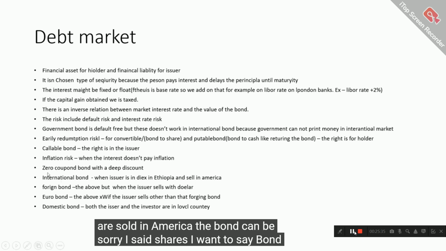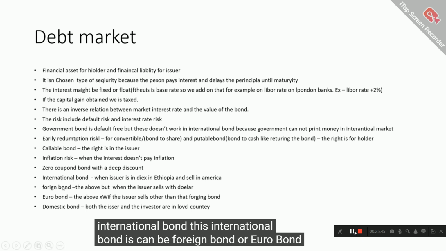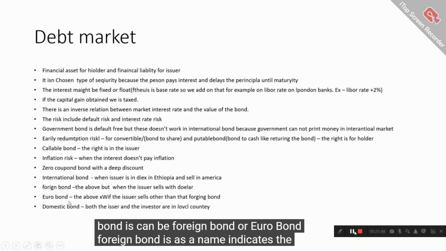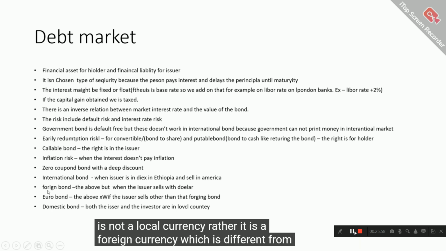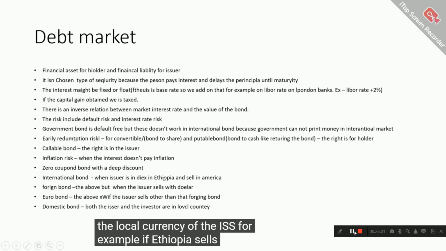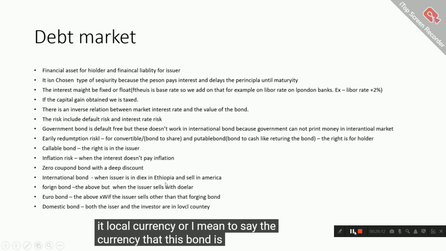A foreign bond is, as the name indicates, a bond sold in a currency that is not the local currency of the issuer. For example, if Ethiopia sells its bonds in America and the bond is denominated in the American dollar, it can be called a foreign bond.